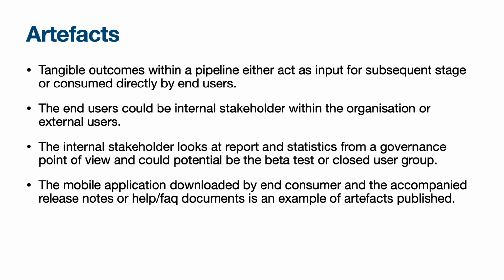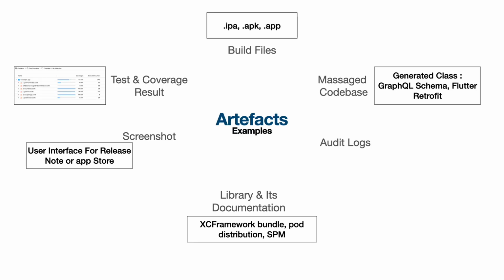For a B2C app, it would be the proprietary app store from the respective platform, whereas for a B2B or enterprise application, it could be a self-hosted app store by the enterprise. The other aspects of automation are the FAQ and the release note. That would also be an artifact for the consumer, which is not internal to the organization.